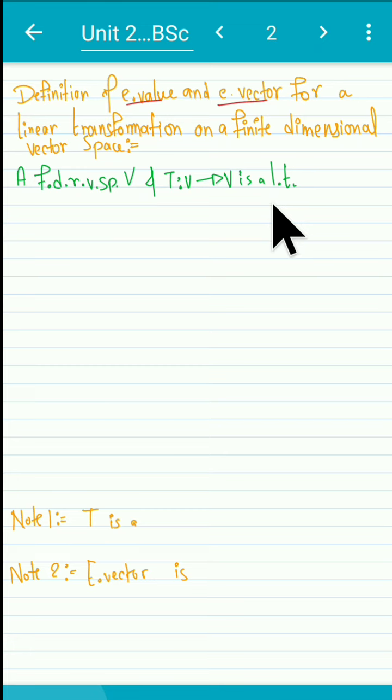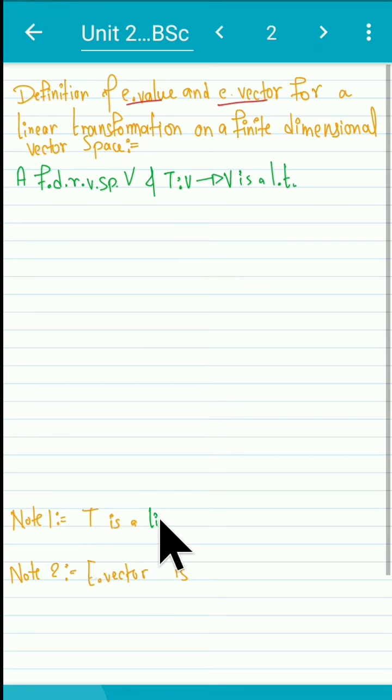Note first, whenever we consider a linear transformation, it is from V to V always. Whenever we learn eigenvalues, we consider it to be a linear operator, meaning from the same vector space to the same vector space, from V to V always. Hence, while learning this chapter, whatever T you use, T is a linear operator.